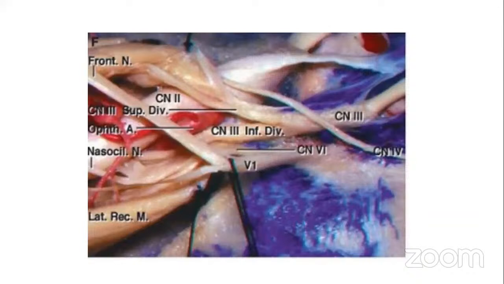So after removing the annular tendon, at the division between the origins of the superior and lateral rectus muscles, the abducens nerve enters.